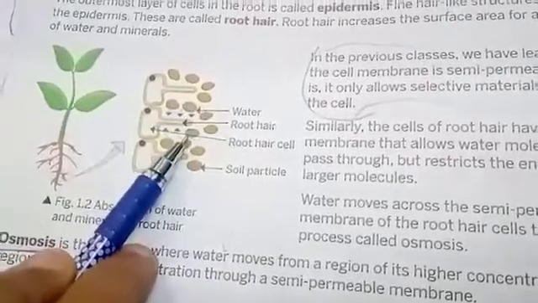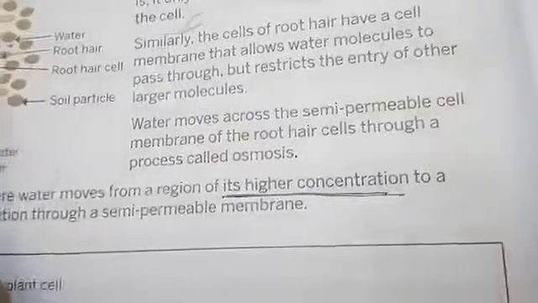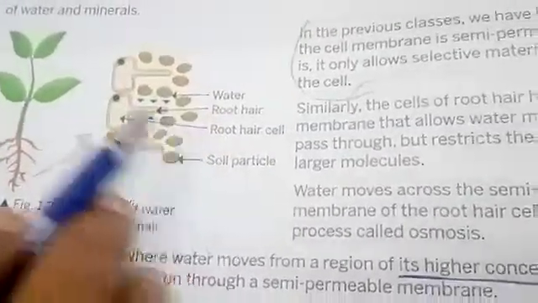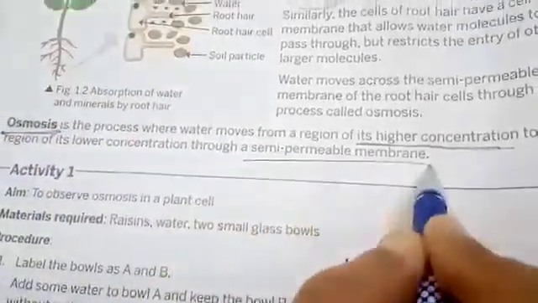So what happens? According to the definition, water moves from a region of its higher concentration. This is very, very important. So here the concentration of water is more, so water will move from the soil to the root hair. And one important factor is the semi-permeable membrane. Where is the semi-permeable membrane present?